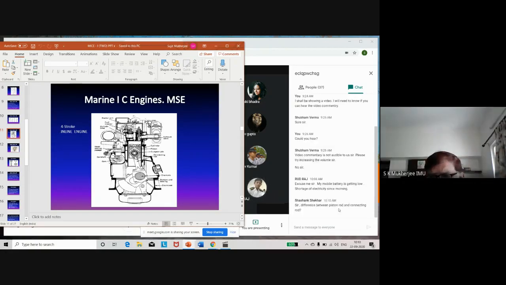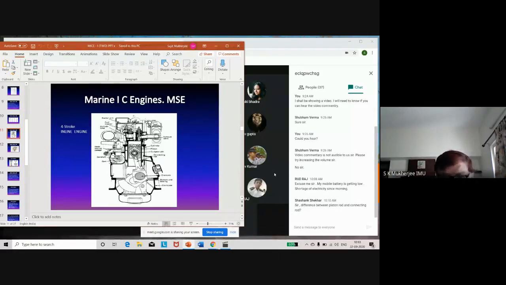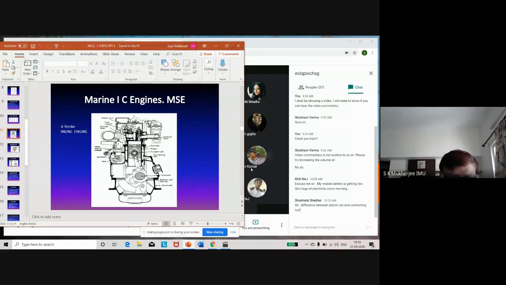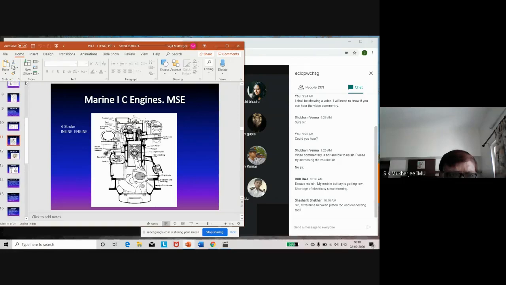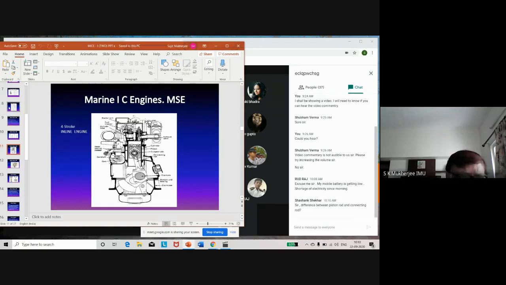The question is the difference between piston and connecting rod. Good you asked. See that diagram I showed you, the piston can be connected directly to the connecting rod. And if it is connected to the connecting rod, it will be a trunk type of engine.